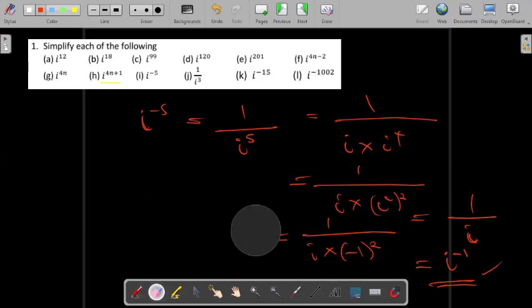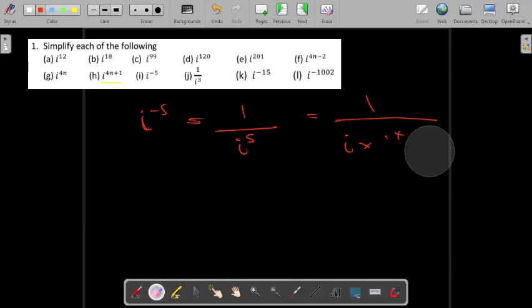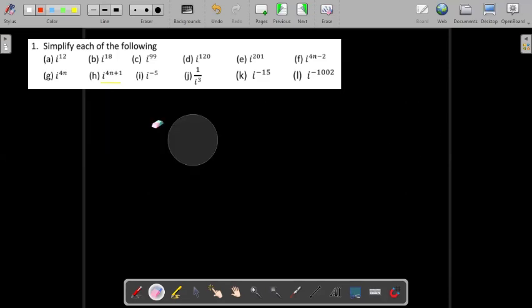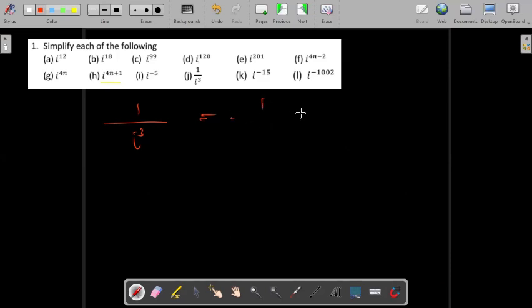All right, so next, what I have there is 1 over i cubed like this. And of course, this here down is similar to what we've been doing. So we can say i multiplied by i squared. And I know i squared is just negative 1.